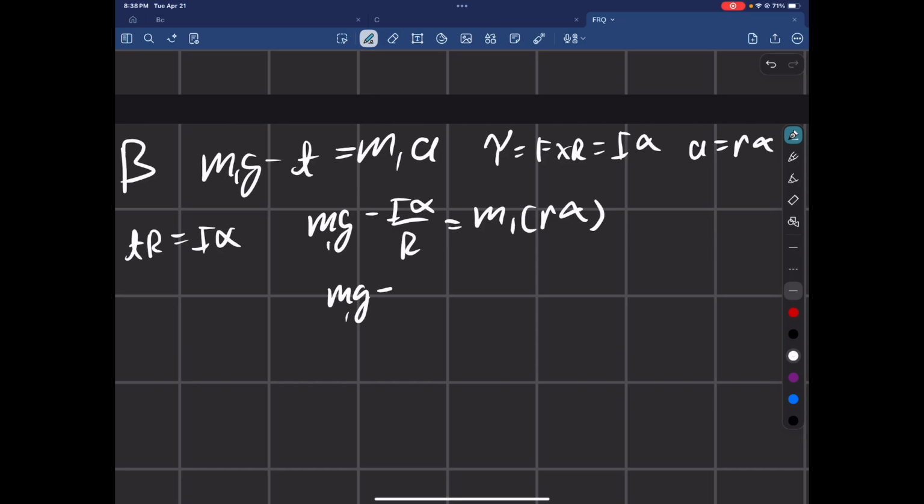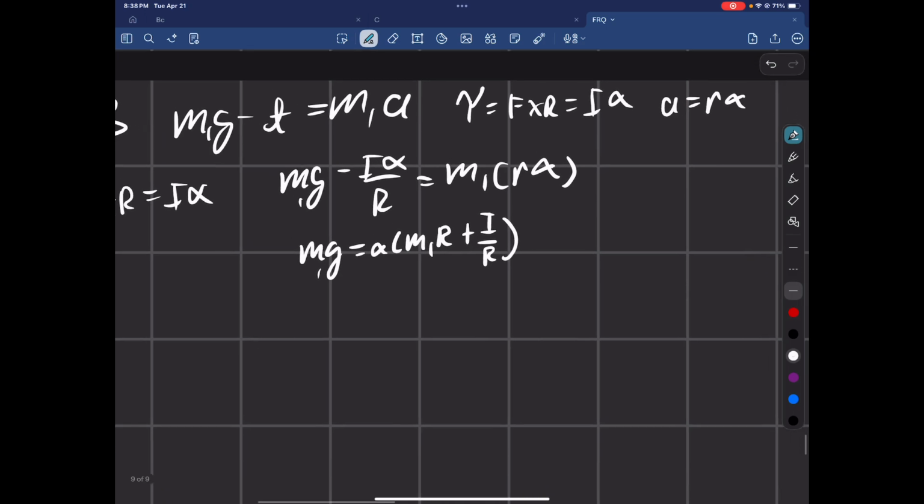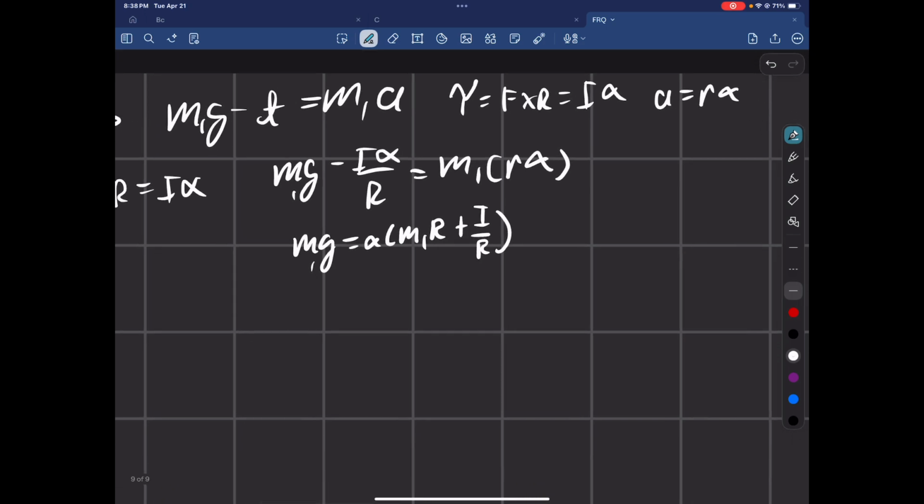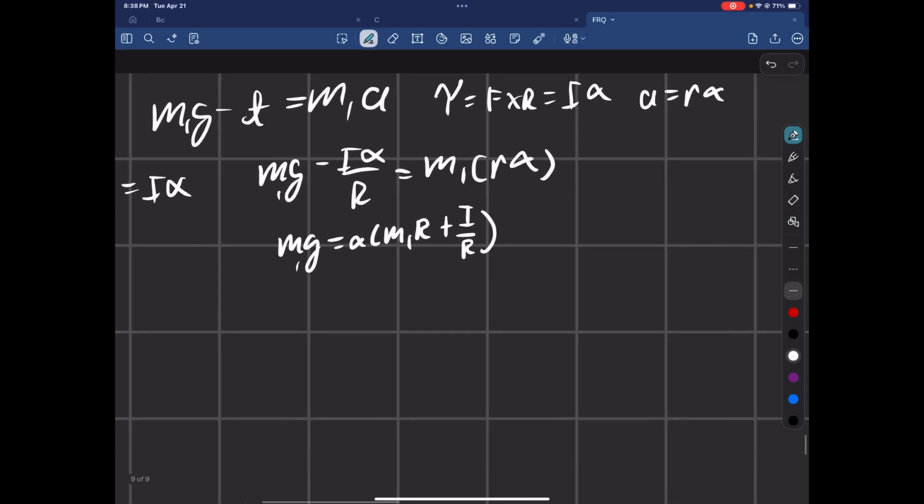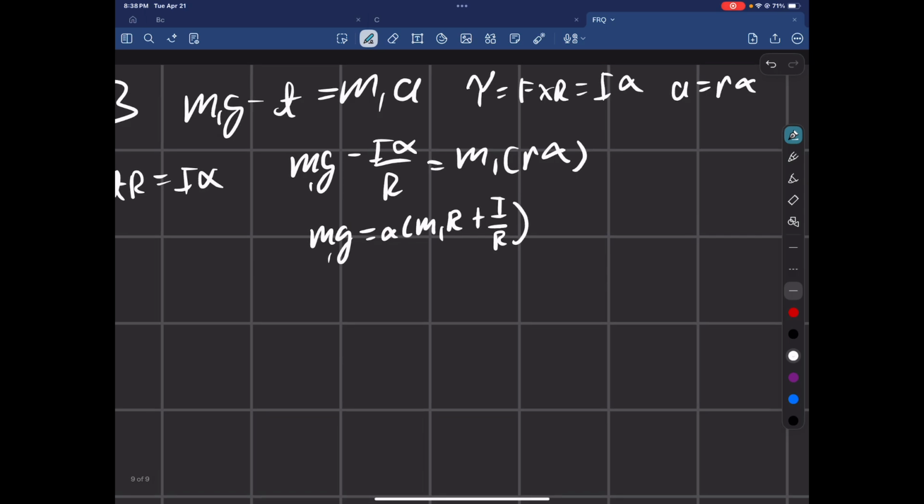M1. And then we have, and to isolate for alpha, we would just divide this term by this term.